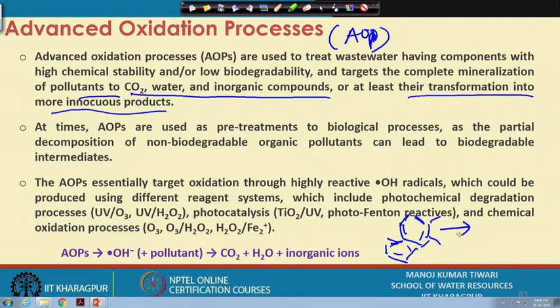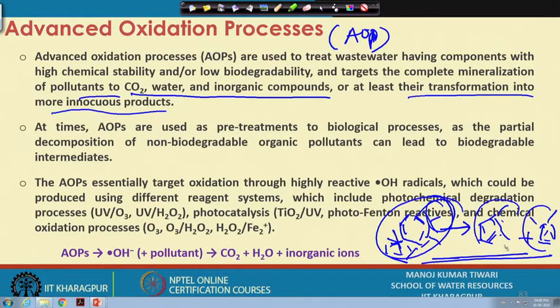Now, when this radical attacks, maybe you see the breaking of just one bond over here, or maybe this functional group is eased out, or maybe this part is separated. So you may see two compounds, one like this and another like this. That way one big compound can be broken into two smaller compounds.